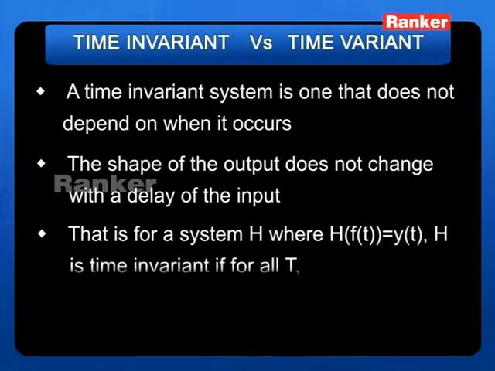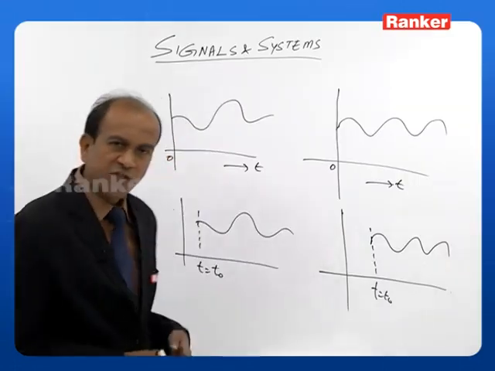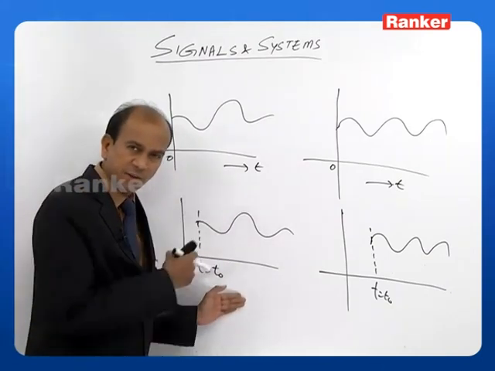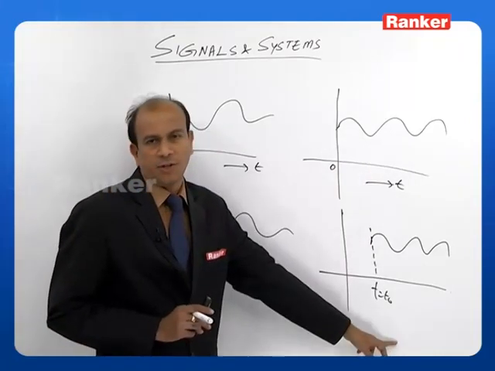Okay, let us see this. For a system H where H of f of t is y of t, H is time invariant if for all values of t, H of f of t minus t naught is equal to y of t minus t naught. That means the function which is occurring at t equal to t naught, that is the input, the output also will occur at t equal to t naught.